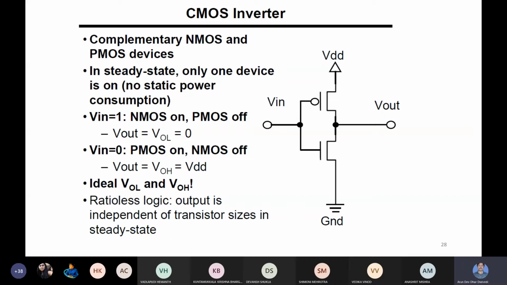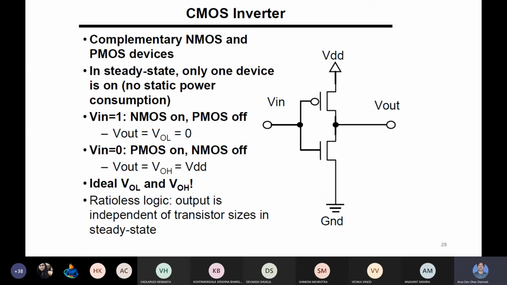Now we are going to discuss a specific inverter circuit, that is the CMOS inverter. There is a possibility to design an inverter with only an NMOS transistor or only a PMOS transistor, with a resistive load, with a MOSFET as a load, enhancement or depletion mode MOSFET as a load, or even NMOS or PMOS used for the load.